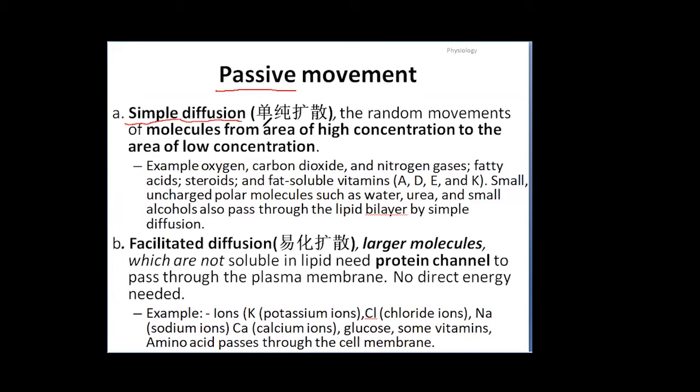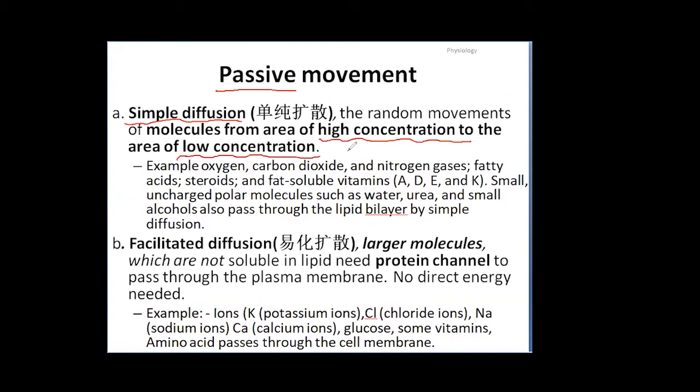Simple diffusion is moving everything from a highly concentrated part to the low concentrated part, directly passing through the cell's membranes without energy help, without any other help.